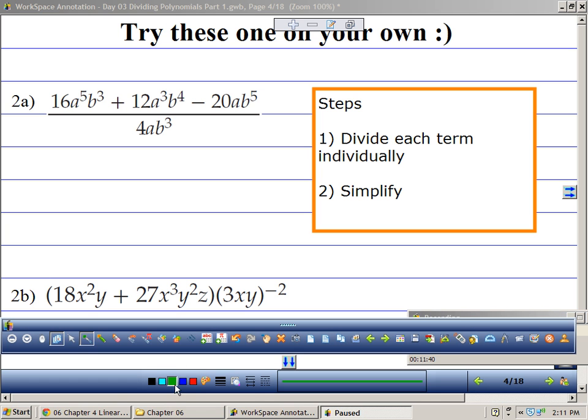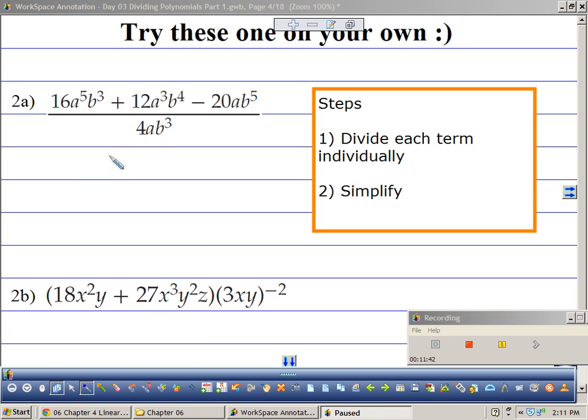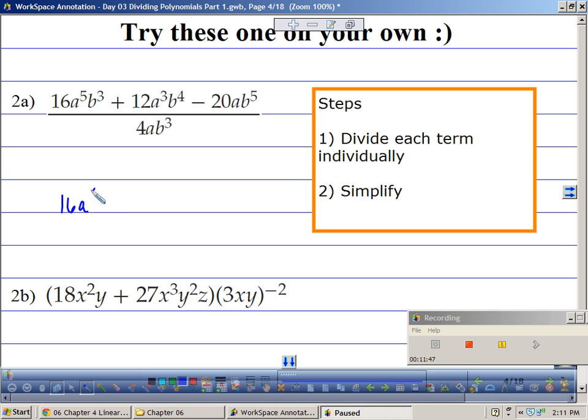I think I'm going to show you, just for the heck of it, you can see if you get the same answer. 16 a to the 5th b cubed, plus 12 a cubed b to the 4th, minus 20 a b to the 5th, all divided by 4ab cubed.